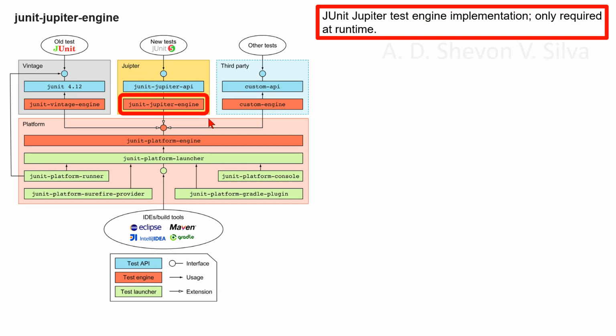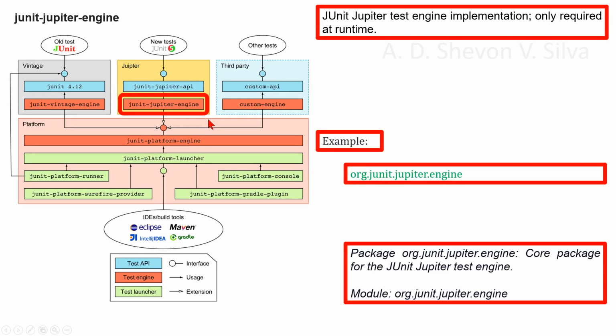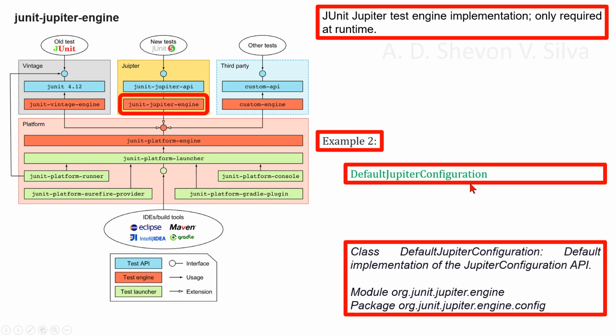Now we are focusing on junit-jupiter-engine, the JUnit Jupiter test engine implementation, only required at runtime. As an example, we can consider the package org.junit.jupiter.engine, the core package for the JUnit Jupiter test engine, in module org.junit.jupiter.engine.